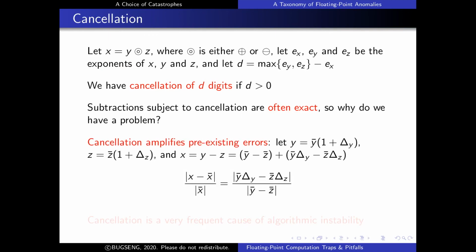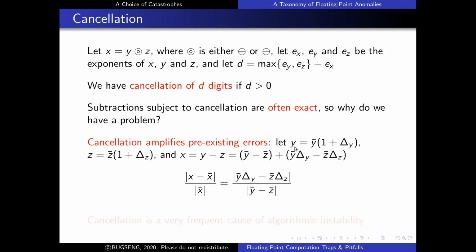Since subtractions that are subject to cancellation regard numbers that are close to one another, the result of the subtraction is quite often precise. So where does the problem come from? If you do a little bit of math, you see that cancellation amplifies pre-existing errors.